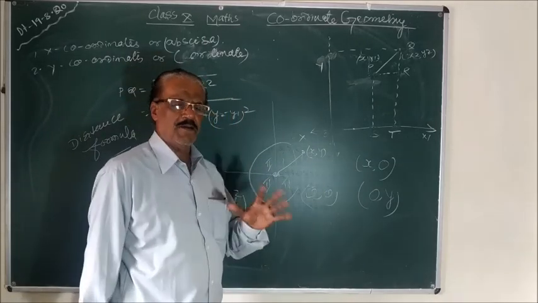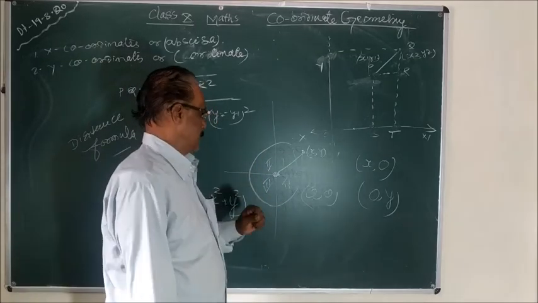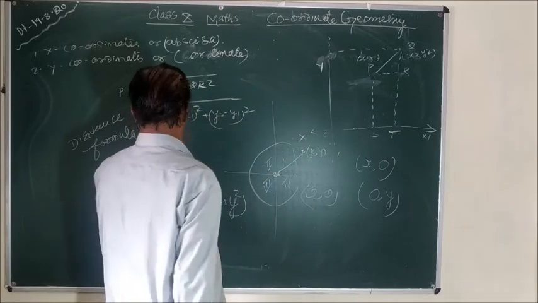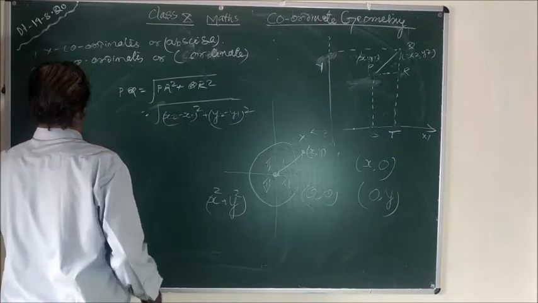This is a particular case if one point is the origin. If the point is not the origin, you can use the general formula. So by using this formula, you can solve the question.